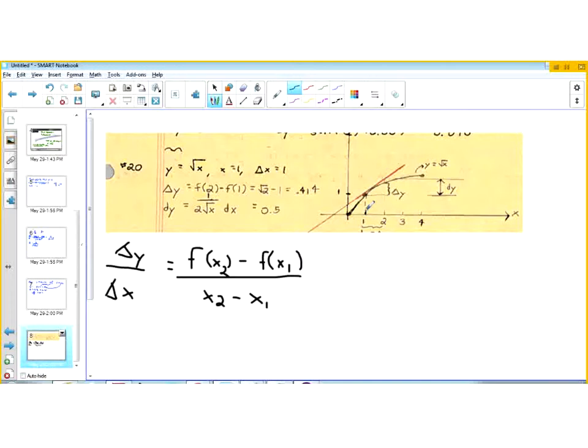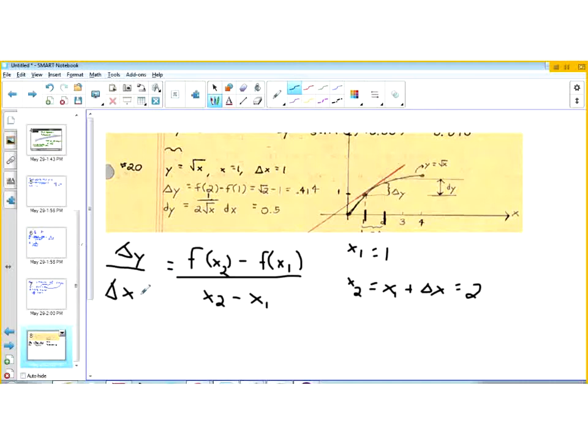Now we're given that x sub 1 is equal to 1. So we need an x sub 2. Well, x sub 2 would just equal x sub 1 plus delta x. And since delta x is 1, x sub 2 is equal to 2. So here's my x sub 2 right here.